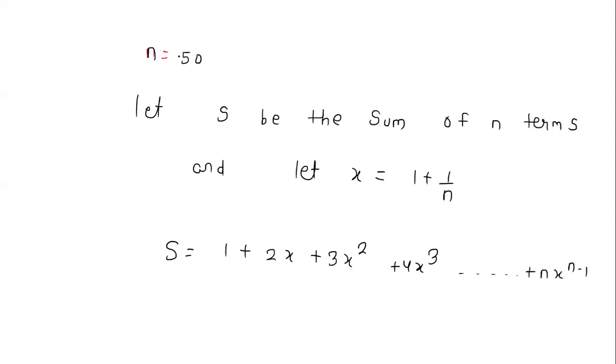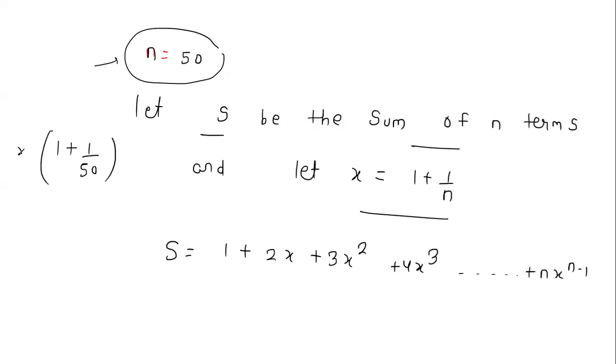So let's assume n is equal to 50 because we have 50 terms, and S is the sum of the n terms, where n is 50, which we are initially assuming. We are also assuming x to be 1 plus 1/n. If you put n equal to 50, then x is equal to 1 plus 1/50, and here we are doing the sum of 50 terms.